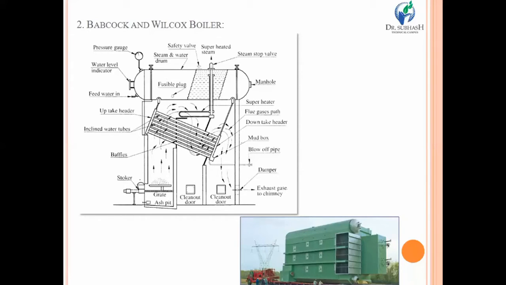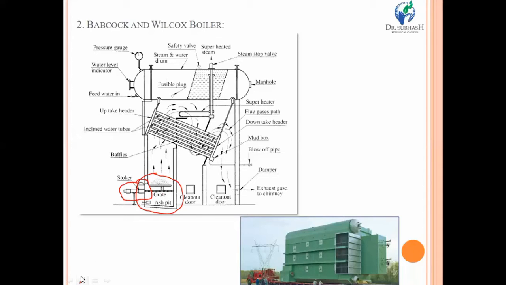Now, look at the bottom portion of the Babcock and Wilcox boiler. There is a grate exactly placed at the bottommost portion of the boiler. Near the grate, there is a stoker. Actually, the stoker is a mechanism which continuously feeds the pulverized coal.